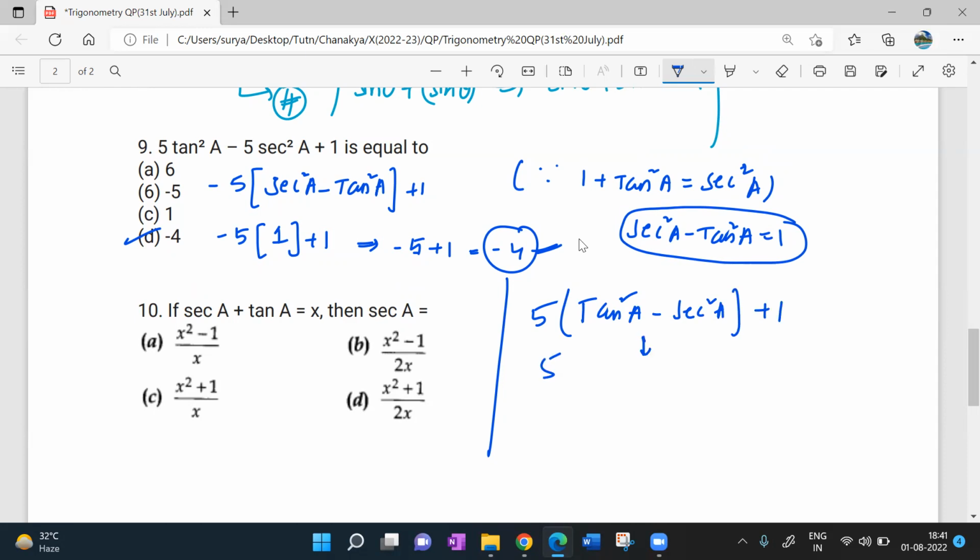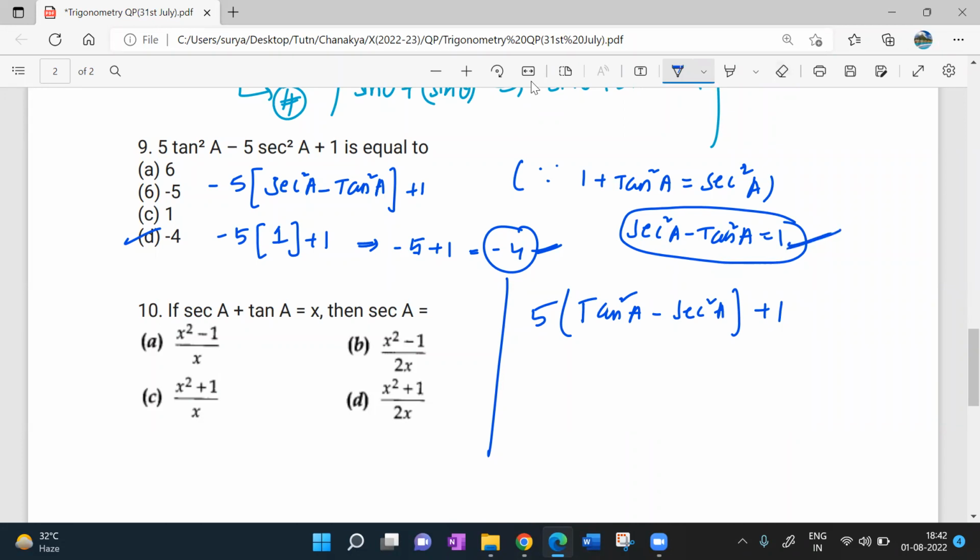Who said this answer is 1 here? This is wrong. If you write like this, this is what you get. You cannot write like that. Clear? I told you very clearly that secant square minus tan square becomes 1, but not tan square minus secant square. Check.